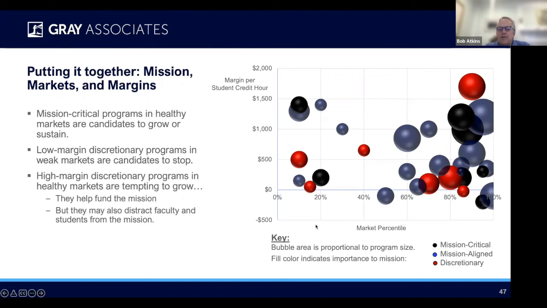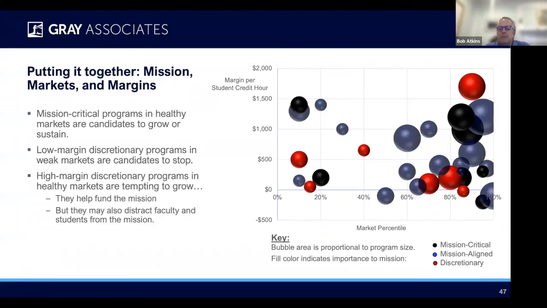One, this x-axis is the attractiveness of the market. So this program is actually in a very good market. Whenever I see a program underperforming in a healthy market, my first instinct is to say, well, that probably can be improved, and we can move that black dot up from down there up into the mid-range by doing something in marketing or the way we're administering the program.